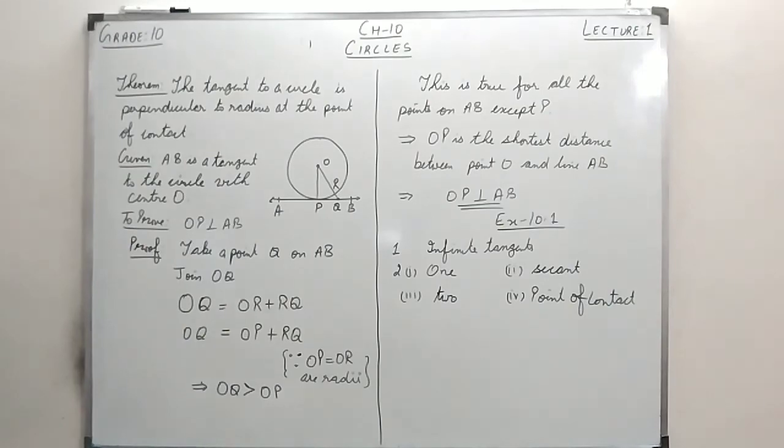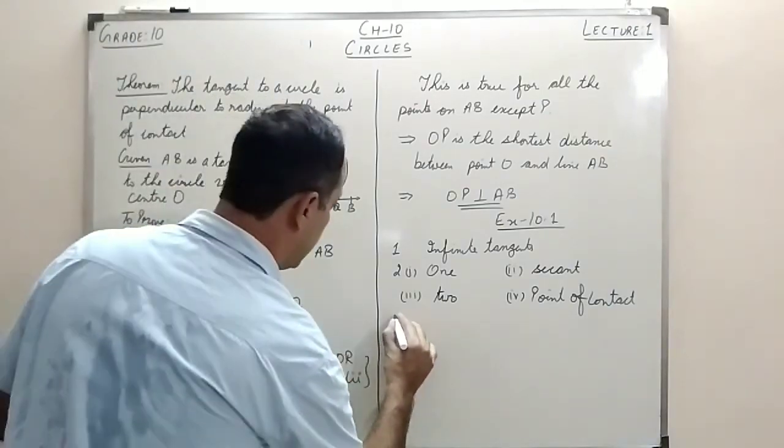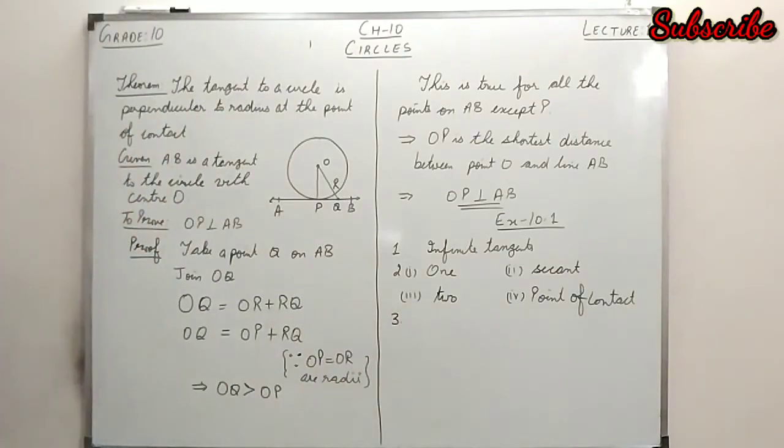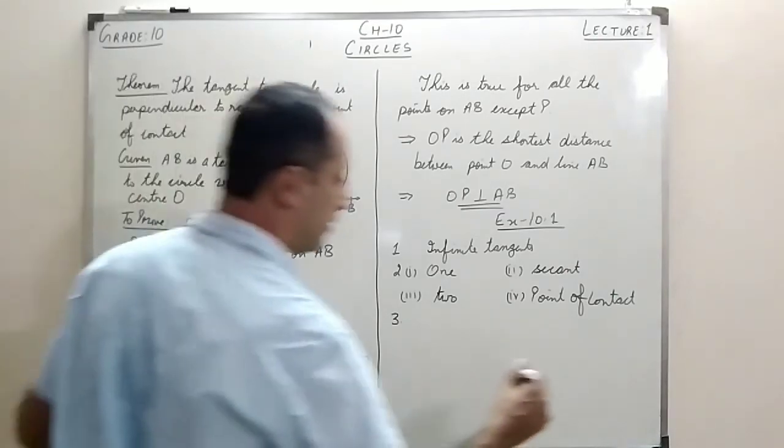Now the third question. They say a tangent PQ at point P of a circle of radius 5 cm meets a line through the center O at a point Q, so that OQ is 12 centimeter, and we have to find the length of PQ. Let's see it again.